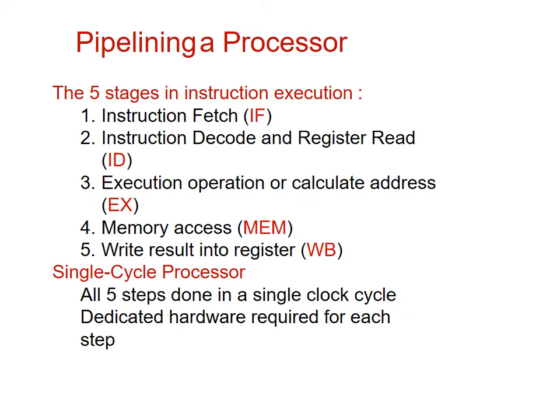The fourth is memory access, MEM. And the fifth is write result into register, WB, which means write back. In a single-cycle processor, all 5 steps are done in a single cycle, with dedicated hardware required for each step.